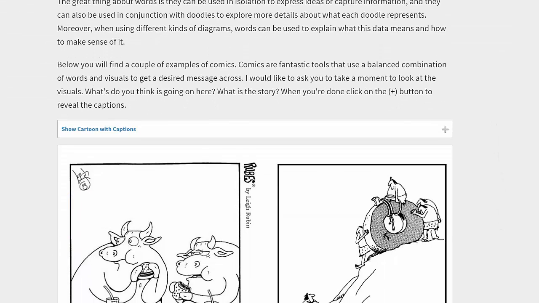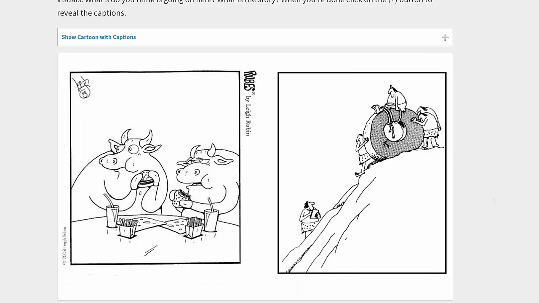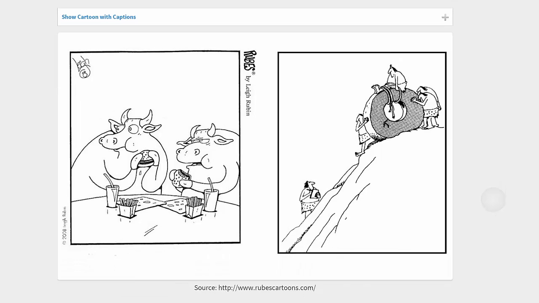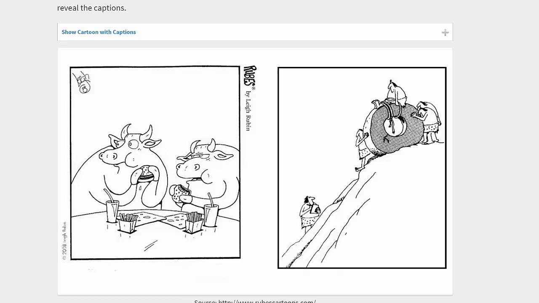As we move down this page, I've included a few cartoons. Here are a couple of cartoons, and what I've done is I have removed the captions below the cartoons. So you're looking at the images and you're thinking, okay, what could that mean? Obviously there's some kind of interpretation. All the images can be interpreted in a different way, and that's, I guess, the biggest problem with images.